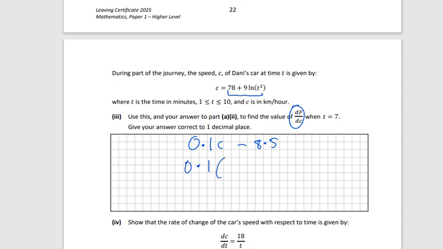So that's 0.1 multiplied by 78 plus 9 ln t squared, and they want us to put a 7 in for the t in that. So that's 7 squared, and then minus 8.5. And that's all they want us to do. And it gives us 2.8.